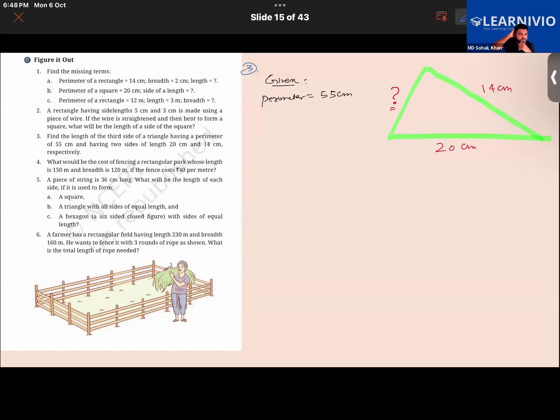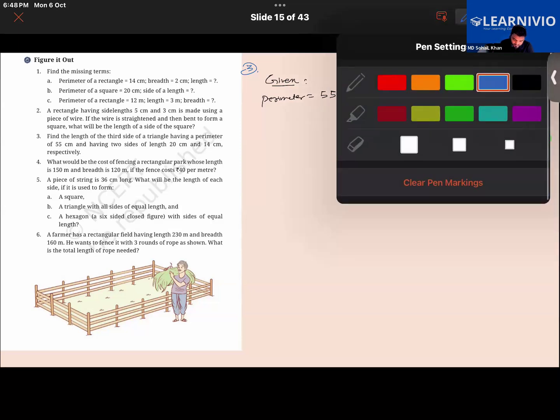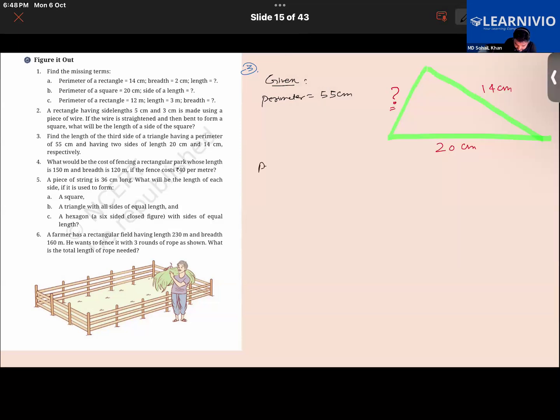The perimeter of a triangle is equal to the sum of all the sides. Now 34 is the sum of 20 and 14. What about the third side?